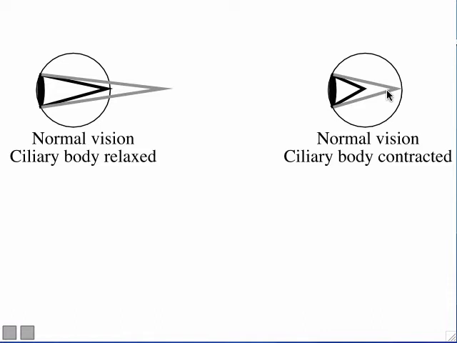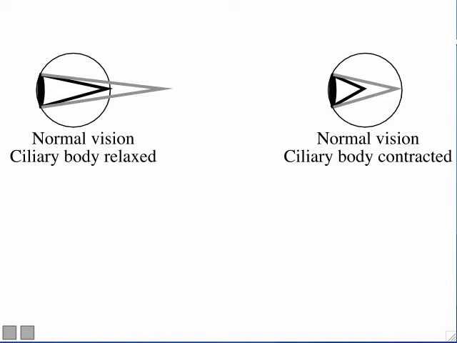Some people say, oh, my eyes are tired, I can't focus anymore. Well, what you're supposed to do is not look at the book for a few minutes, focus on some far object like a cloud or something for a few minutes, and you're relaxing your ciliary body muscles then, and that gives them a chance to recover, and so then you're ready for another study session where you're again going to contract your ciliary body muscles to see the book close up.